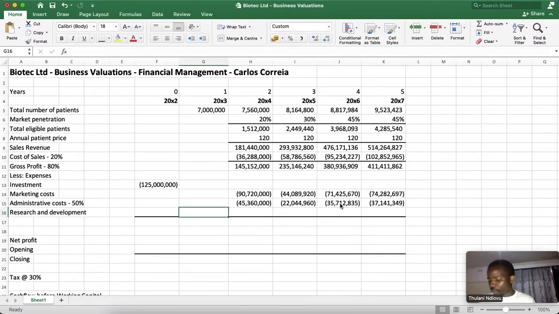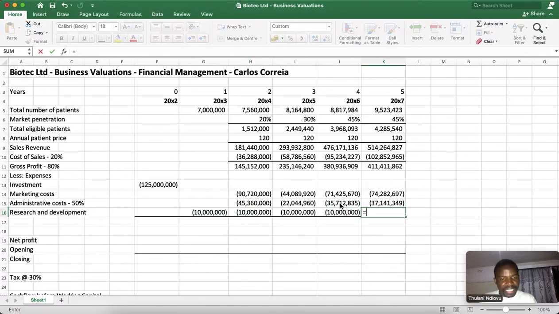Then we have got our research and development. We are told that the company expects to expend 10 million per year from years 20x3 up to 20x6.